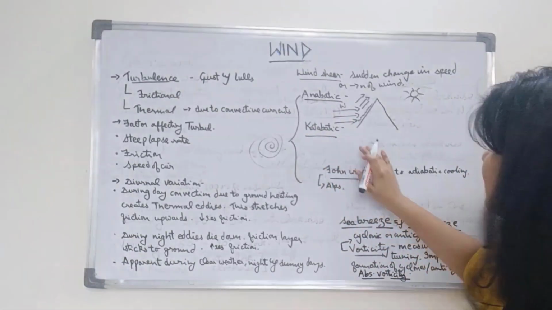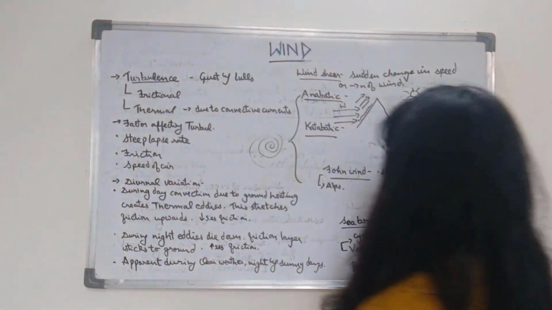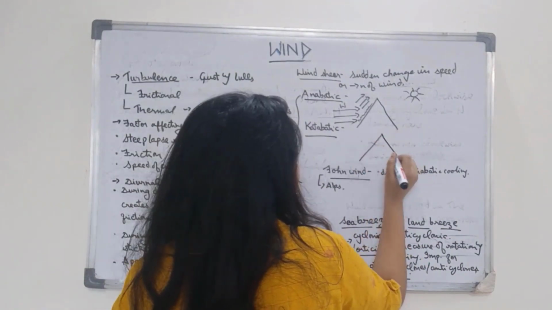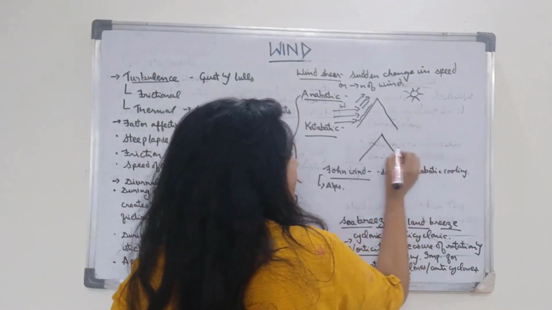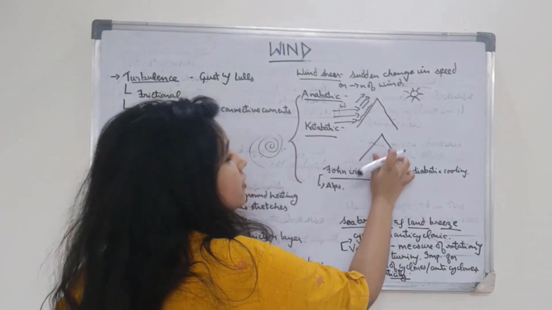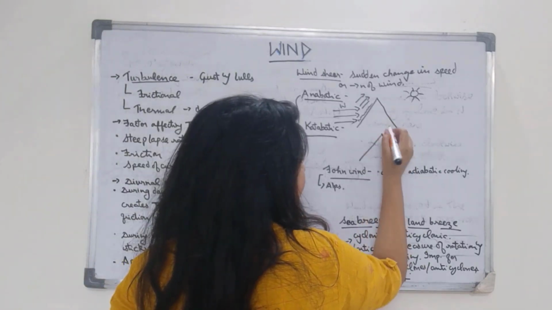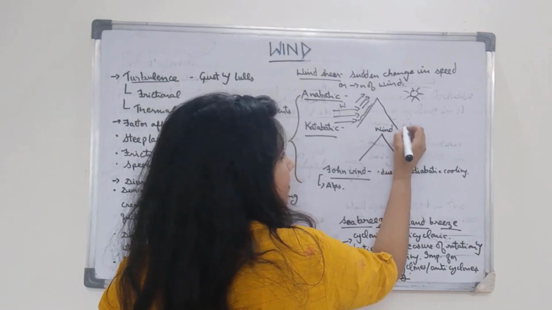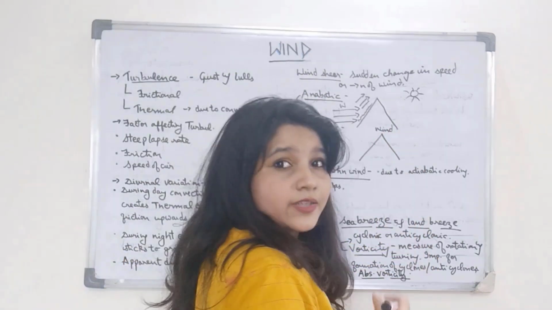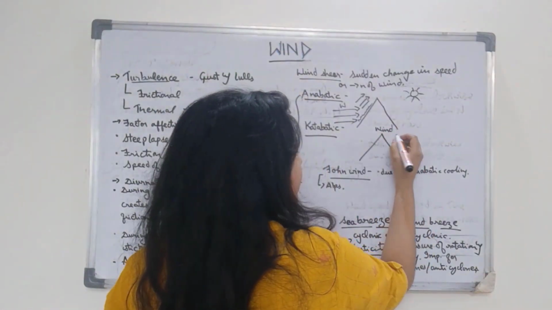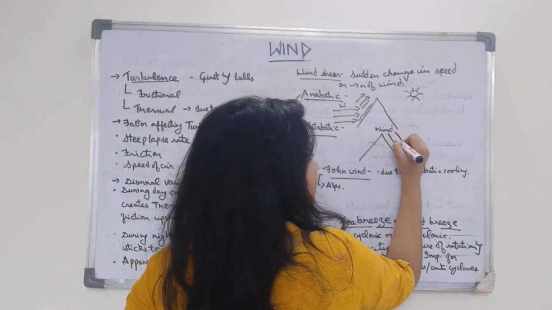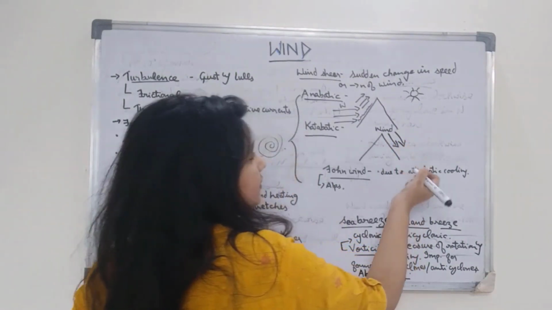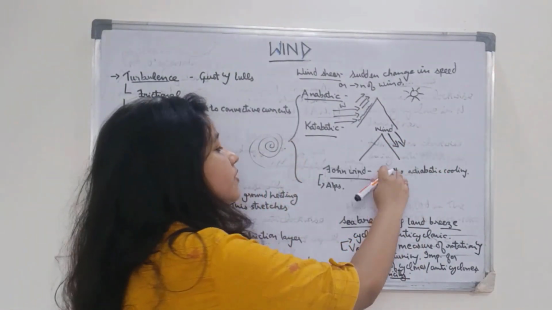Then katabatic wind is just the opposite. During night, the slope will become cold. So the wind on top, which is cold, becomes heavy. The cold wind is always heavy. When it becomes heavy, it starts to descend. This is known as katabatic wind.